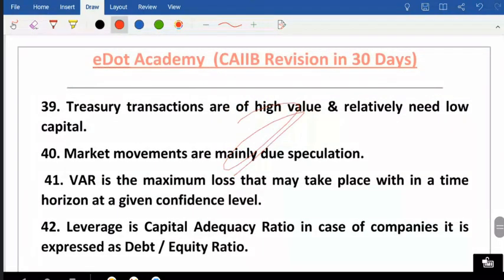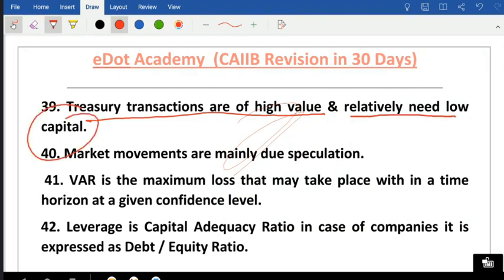So treasury transactions are high value and relatively need low capital. We have already discussed that the maintenance of the treasury wing is very low because they deal with a very big size of capital.